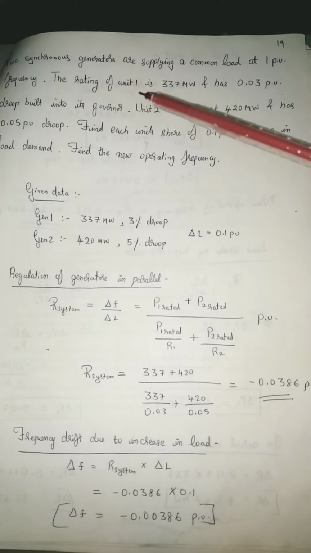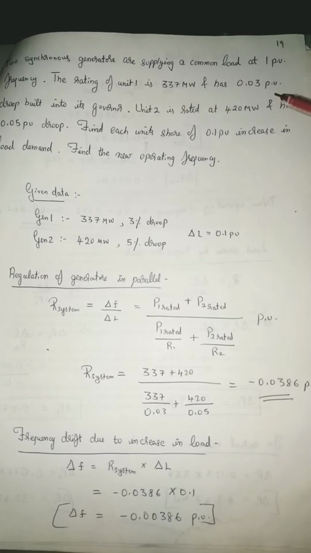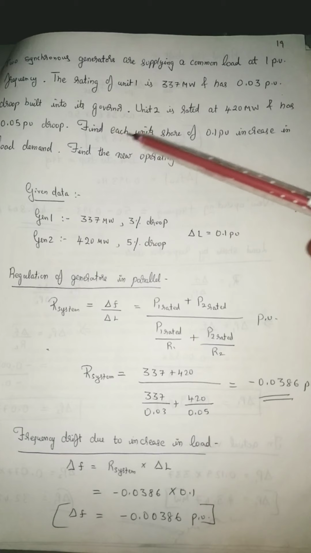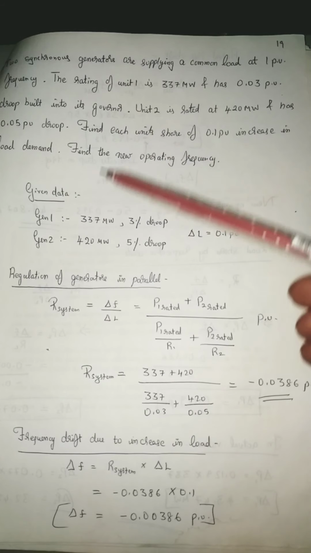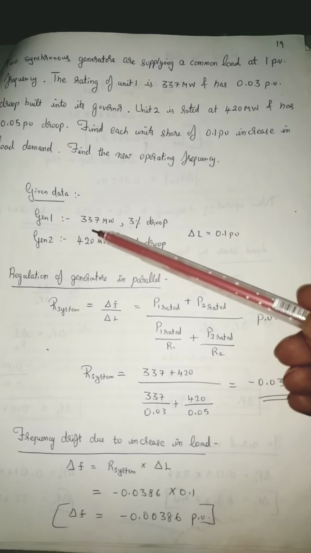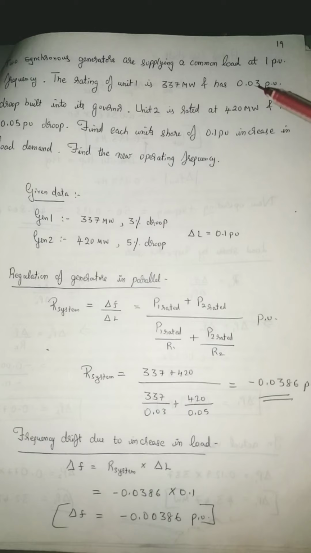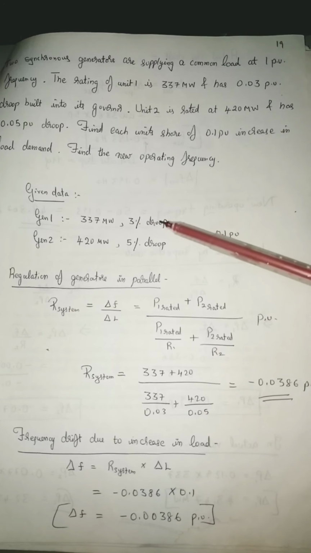Rating of unit 1 is 337 megawatt and has 0.03 per unit droop built into its governor. That means, in the given data, generator 1's power capacity is 337 megawatt and it has 3% droop. 0.03 per unit is nothing but 3% droop.